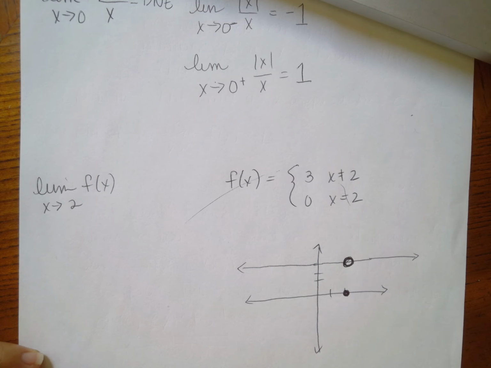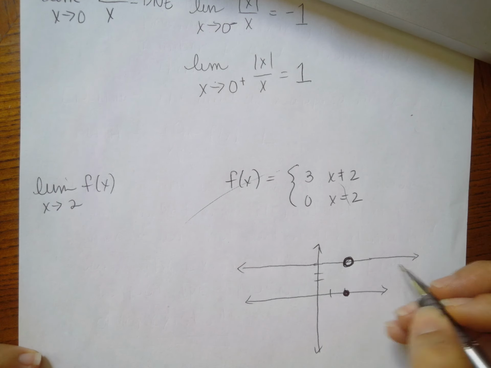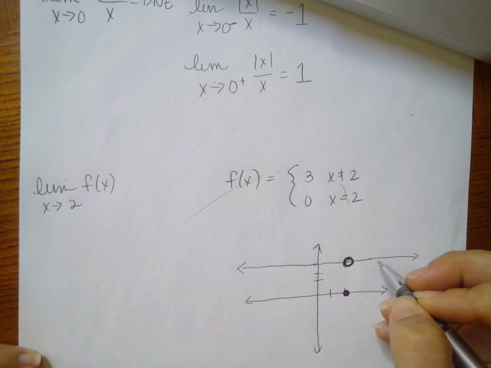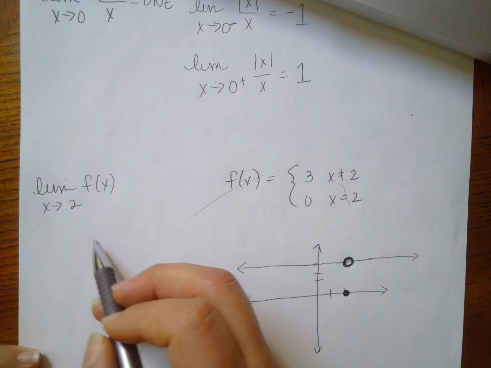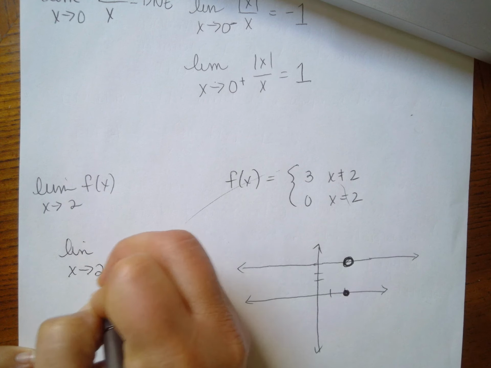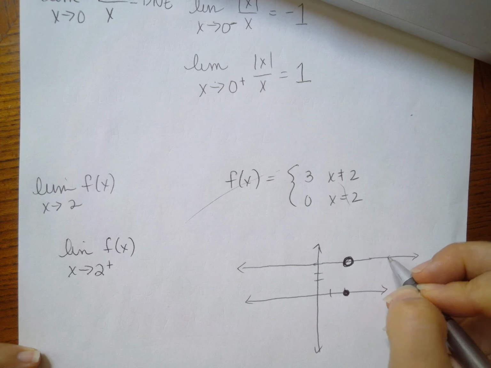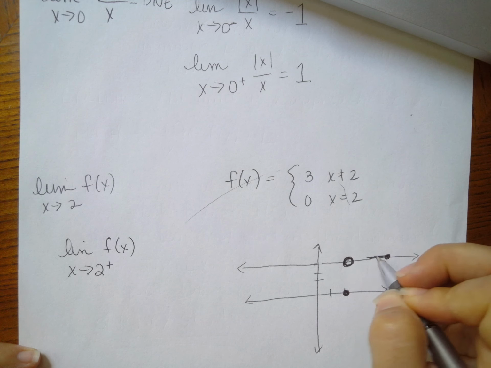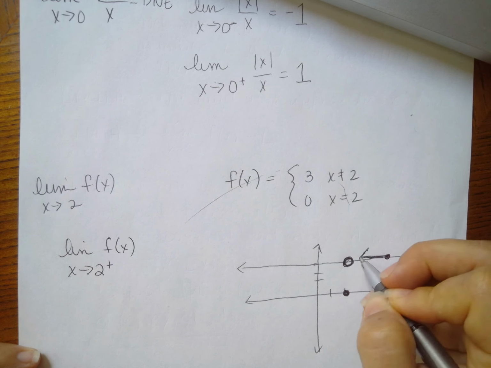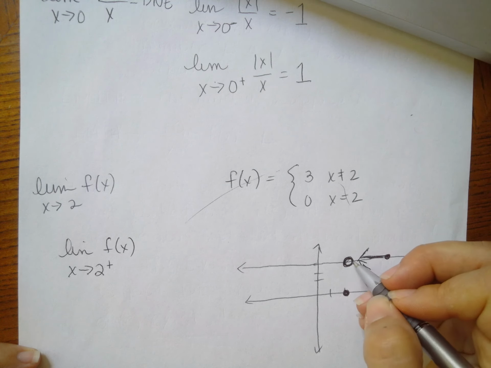So what I want to look at is my right and left-hand behavior, and I really want to emphasize something here. I'm looking at the limit as x approaches 2, so I'm going to write out the right and left-hand limits. When I approach 2 from the right, I look at my graph, here's the right of my 2. As I get really close to 2, what is my graph doing?